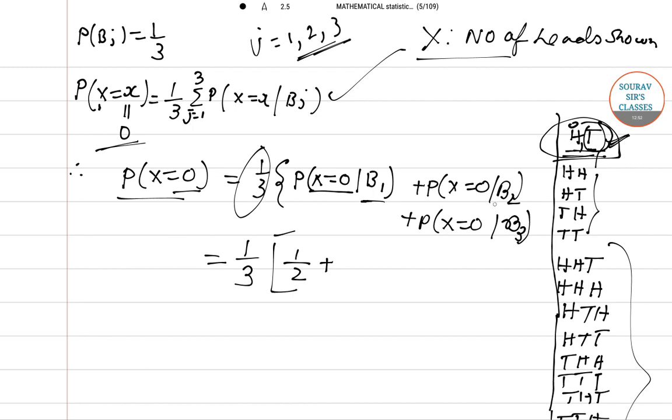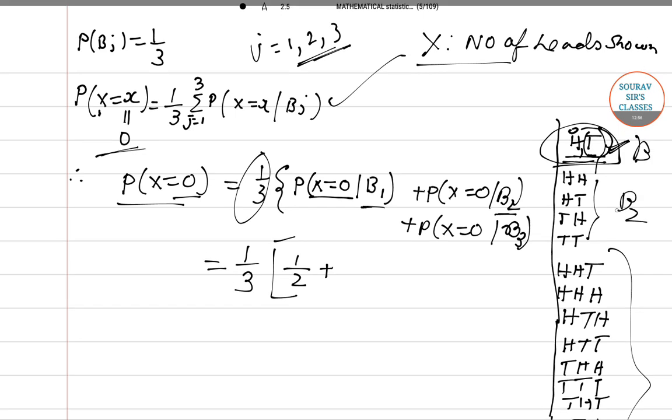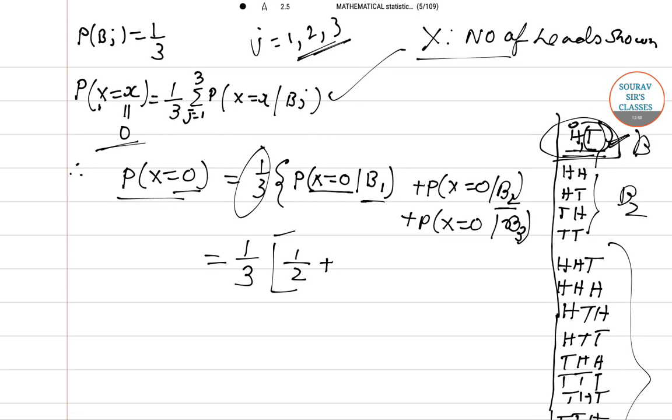Similarly, B2 is the ball number 2. So when ball number 2 is drawn, we'll have 2 times to toss. So we'll have 4 of these options. Now x equals 0 basically means when there is no head. So there is only 1 possibility out of 4 possibilities when there is no head.